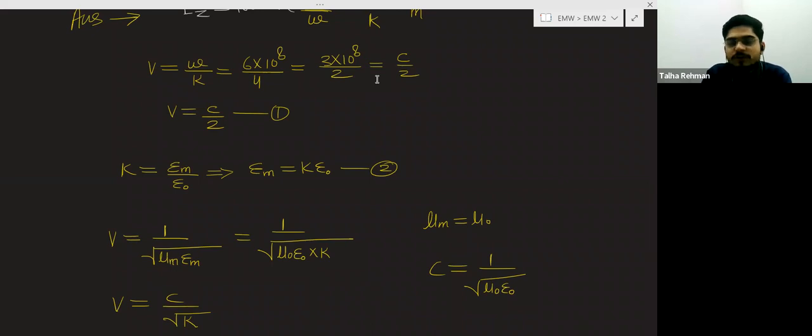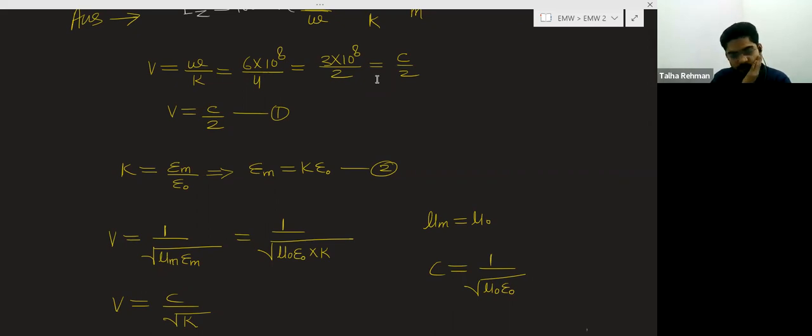There is an oscillation of the electric field and magnetic field, and those are oscillating perpendicular to each other. So what type of energy will the electromagnetic wave have? Electrical energy as well as magnetic energy.